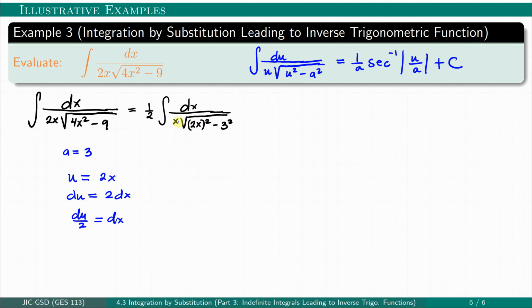Also, we need to replace the x here, but from our representation u is equal to 2x, we can divide both sides by 2, so we will have u divided by 2 is equal to x.